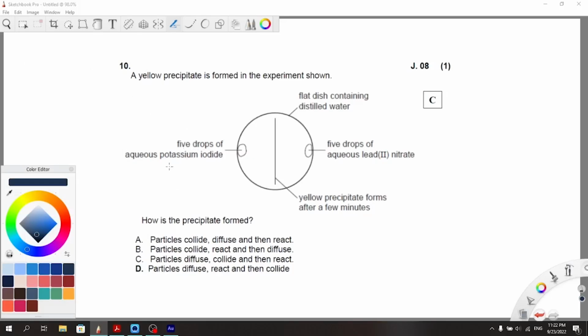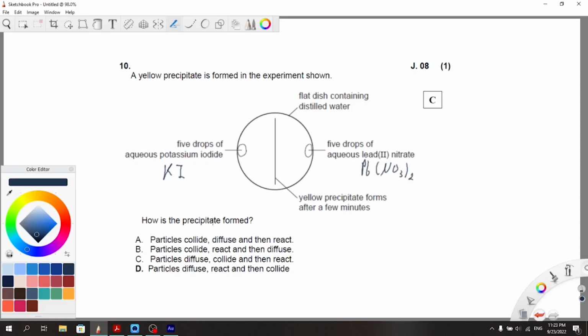We have 5 drops of aqueous potassium iodide, that's KI, and that doesn't really matter right now. And we have 5 drops of aqueous lead nitrate, that's Pb(NO3)2, and that doesn't matter either. Yellow precipitate forms after a few minutes.